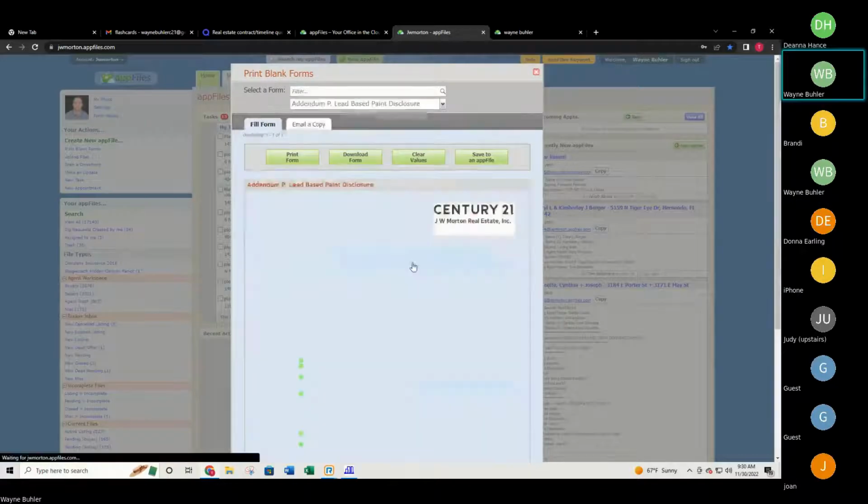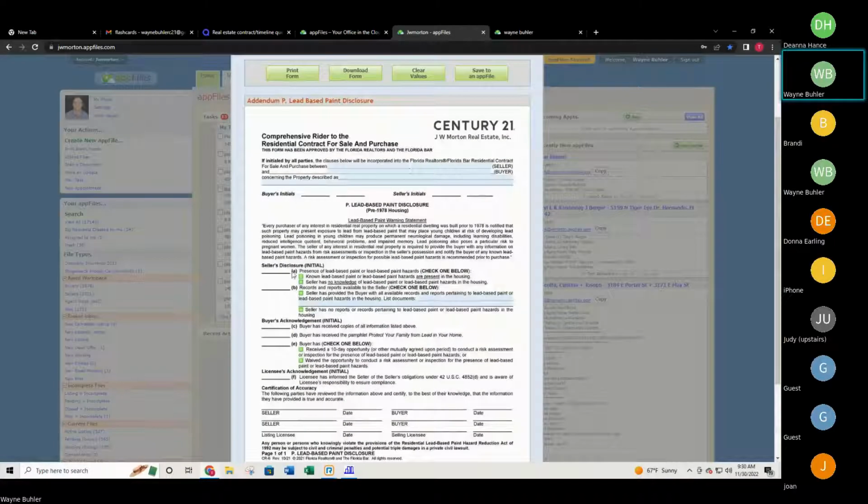So on the lead-based paint disclosure, Section A, presence of lead-based paint or hazards: known lead-based paint or lead-based paint hazards are present, or seller has no knowledge. You're not going to be able to fill that out. And Section B, seller has provided the buyer with all available records and reports pertaining to it, or seller has no reports. Again, you don't know. You don't have them. So no, ultimately.